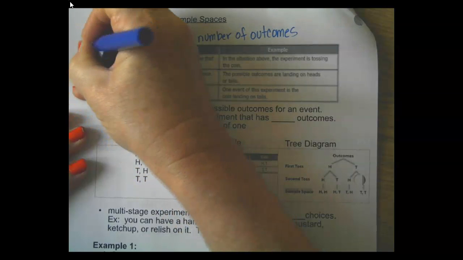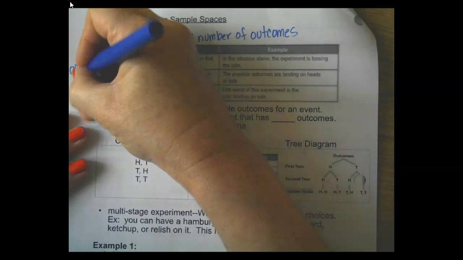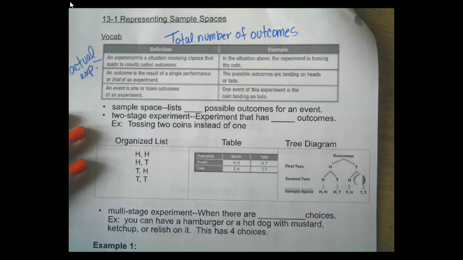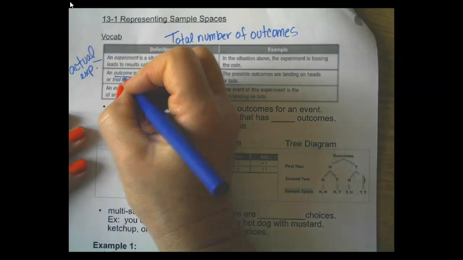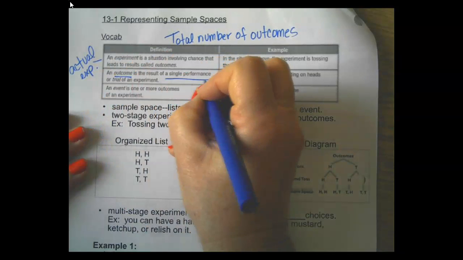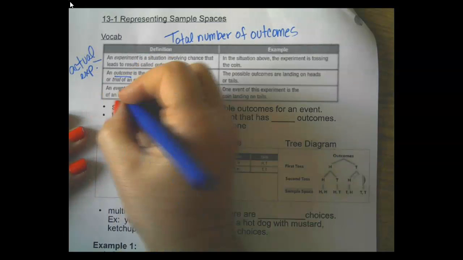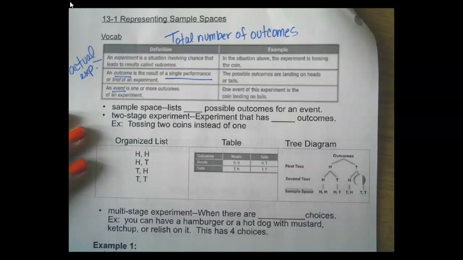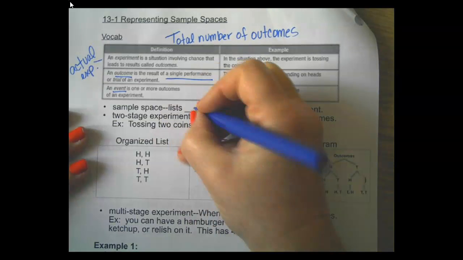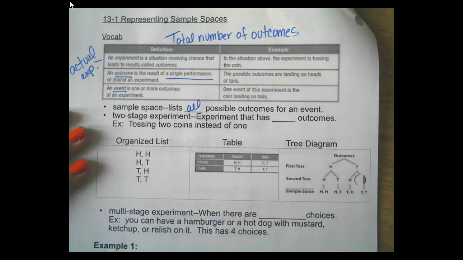And it'll say, an outcome is a single performance or trial. An event is one or more outcomes of that experiment. All right, so sample space lists all the possible outcomes for an event.